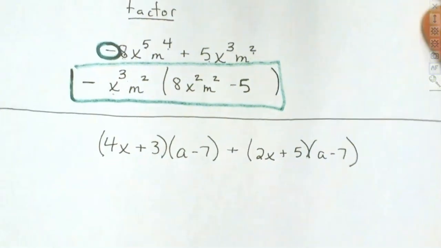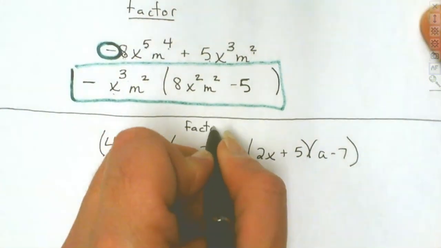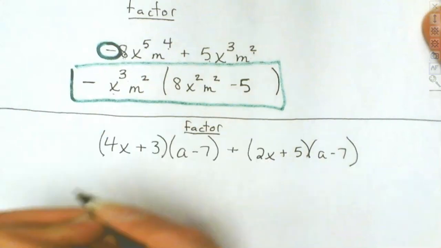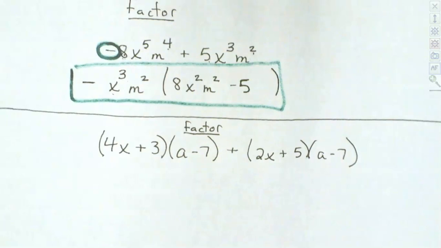So we're going to try and factor this one out. Now, the same way that we can factor out variables, we can also factor out groupings. We can factor out entire sets of parentheses as long as they are identical.